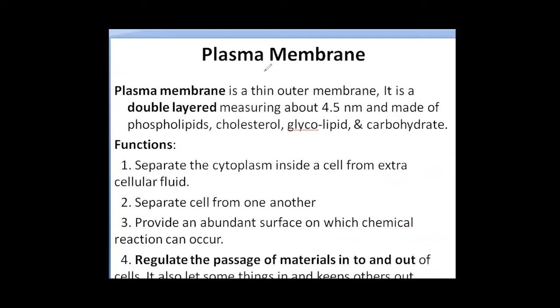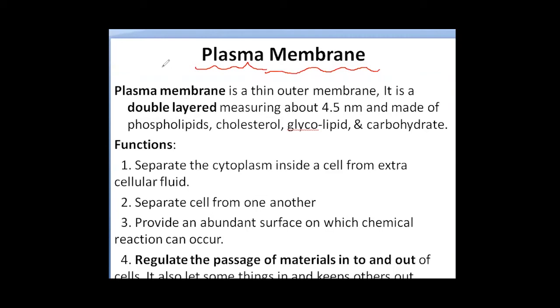We're talking about the plasma membrane first, the cover of the cell. The cells are pretty small. Usually we can't see cells with our naked eyes. We need to use a microscope, even an electron microscope, to look at the cells.